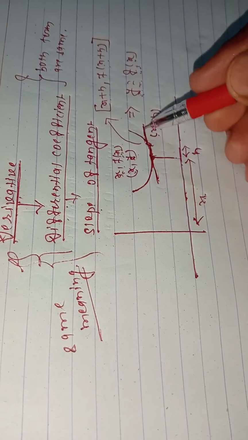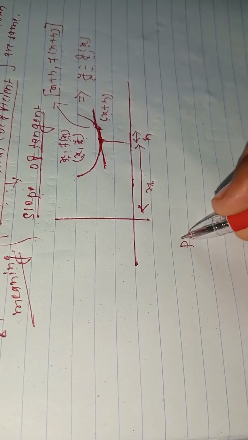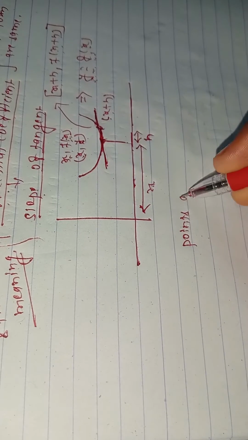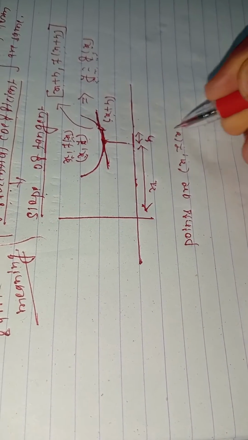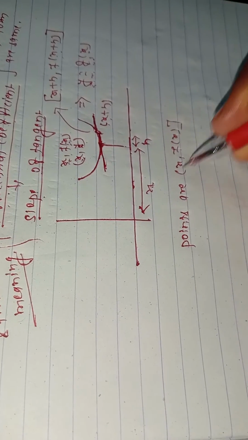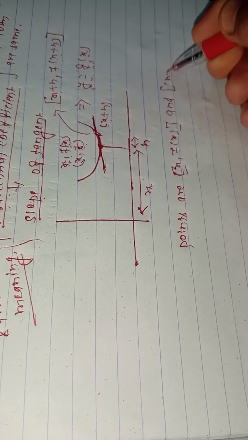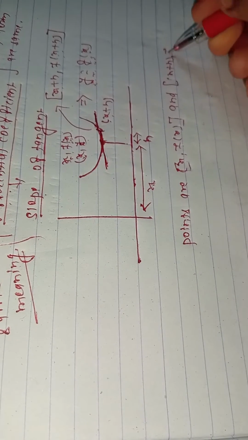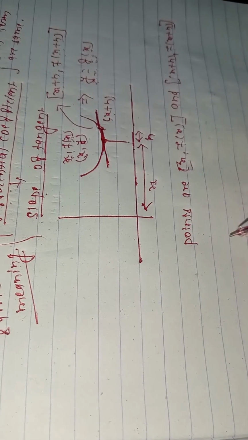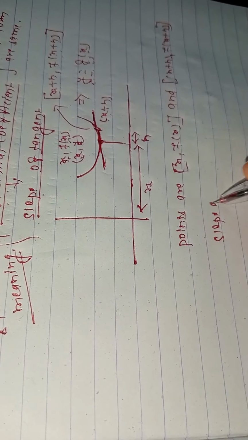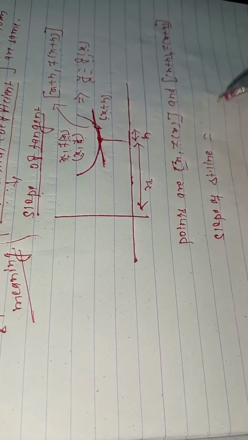So what is the slope of a straight line?